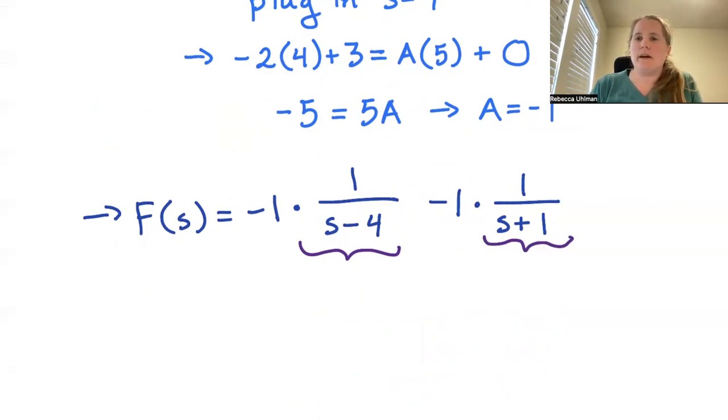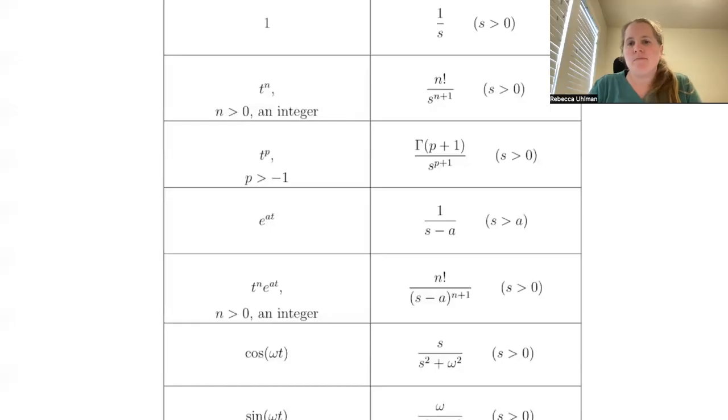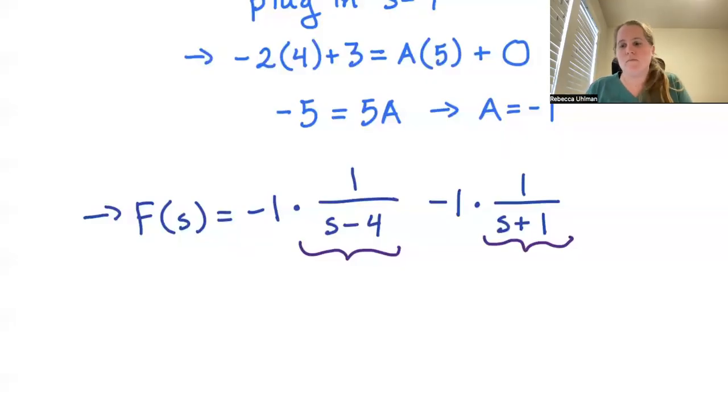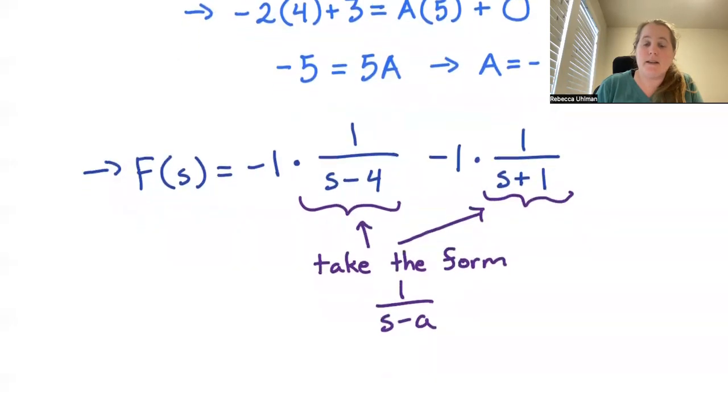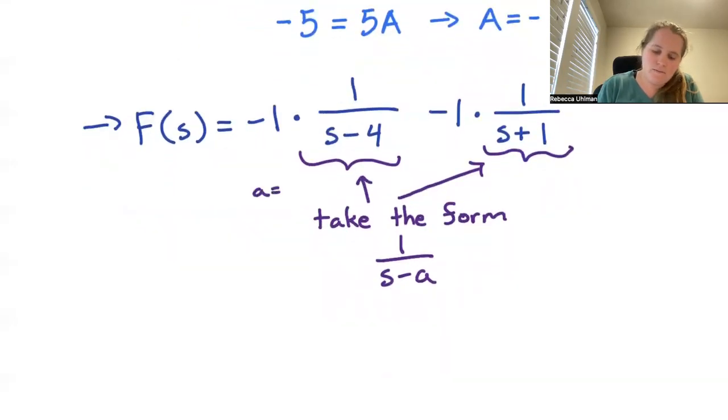If we take a look at our table, they're both simply 1 over (s minus a) cases, and that comes from our e to the at. Our first case, a equals 4. Our second case, a is negative 1.